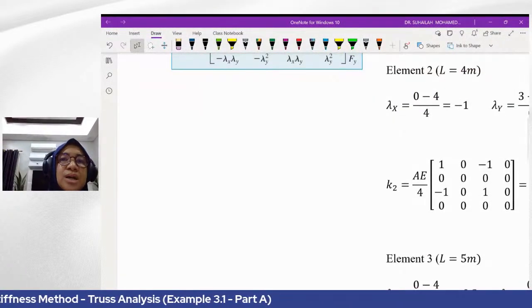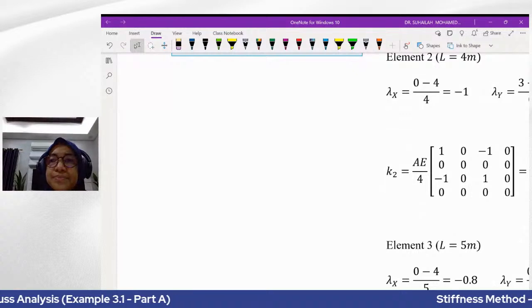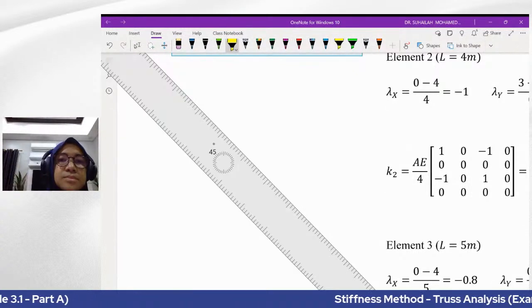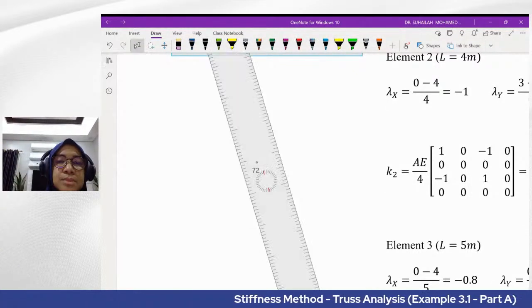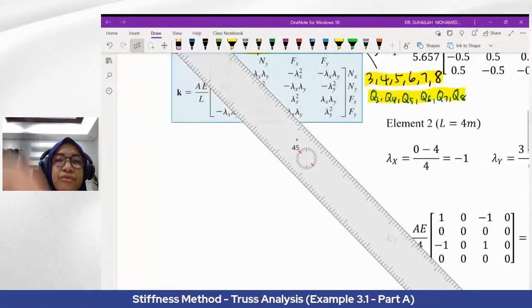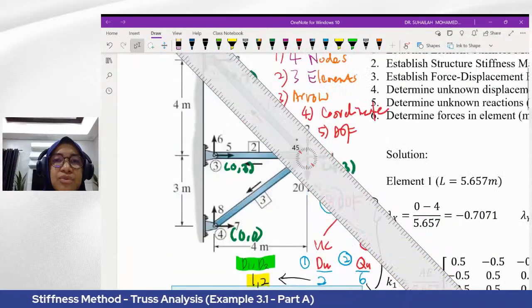I want to sketch the diagram right here. Let me draw it like this.